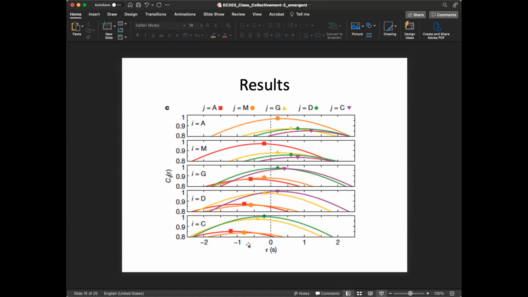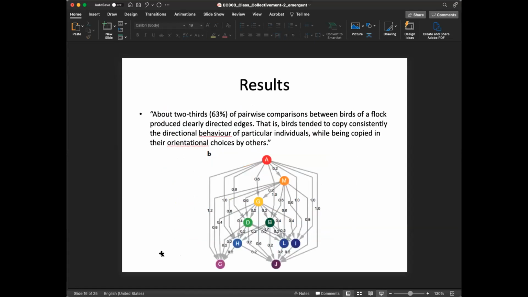A maximum of 1 means you are really following that strongly, but a weaker correlation maximum means that you are following somewhat weakly. Okay, so by using this combination of lag and the strength of the cross correlation, what they did in this paper was construct a hierarchy of who is following who. So as you can see, M follows A, and M is followed by G, right?